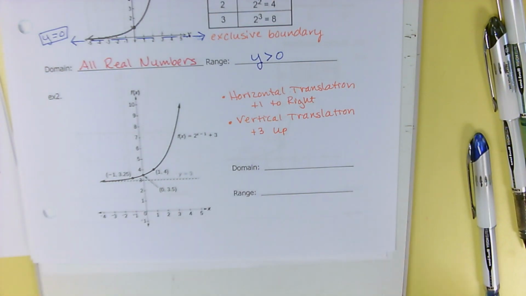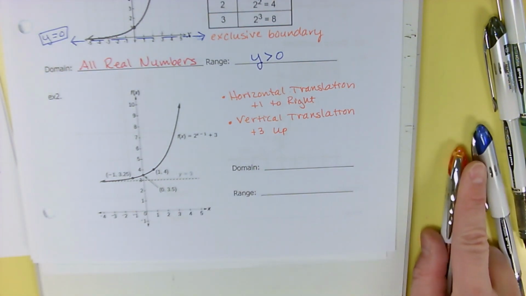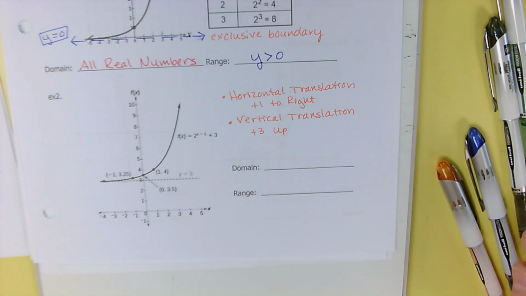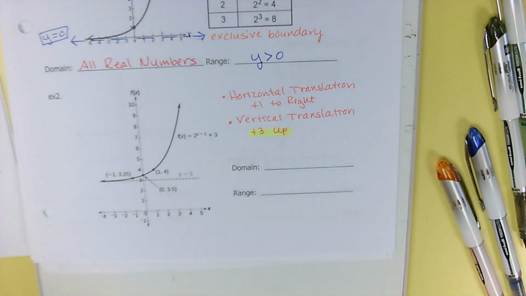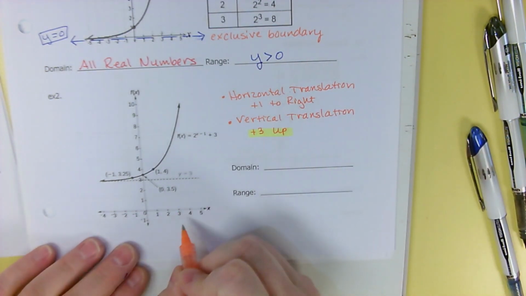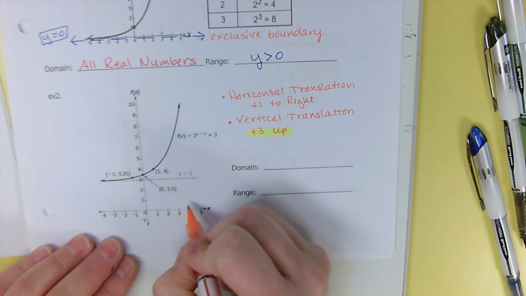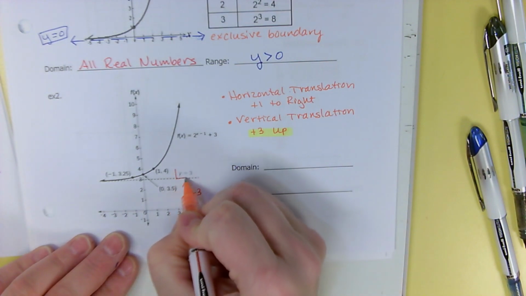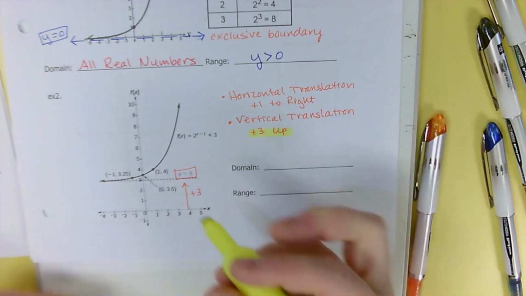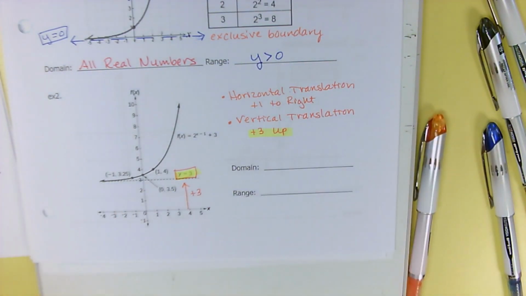This is plus 3 up. Now, this is significant because with the vertical translation, which is the plus 3 up, your asymptote, which was at 0, moves up with the graph. It goes up 3. And your new asymptote is the line y equals 3.